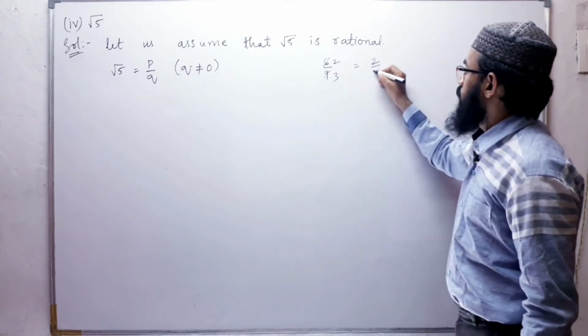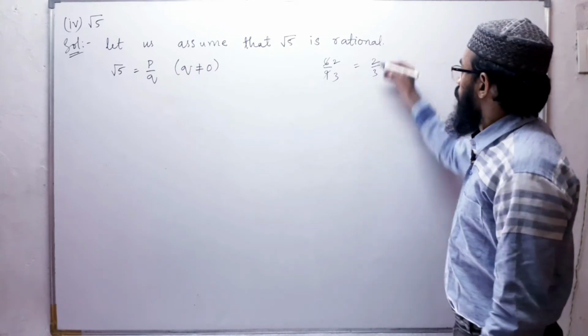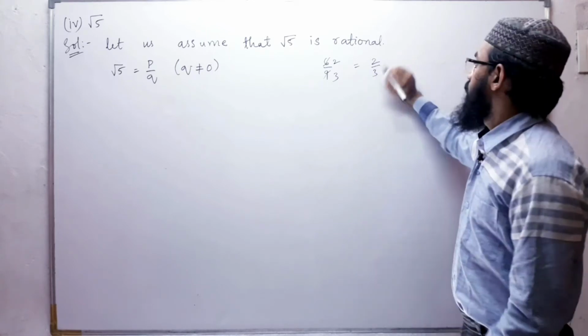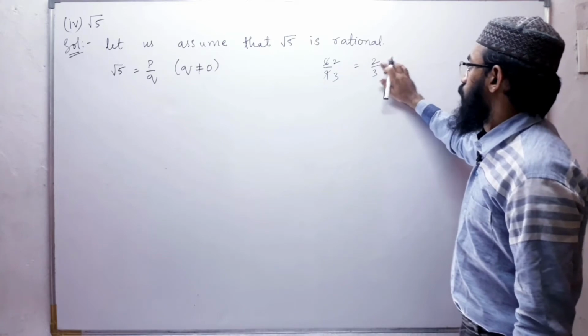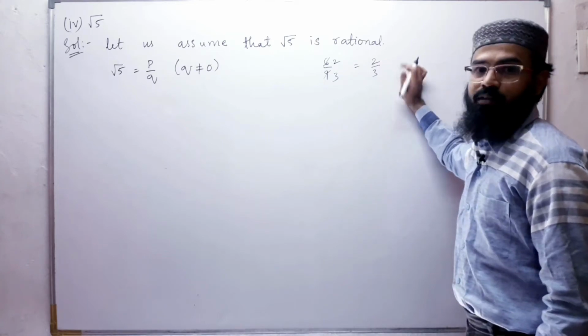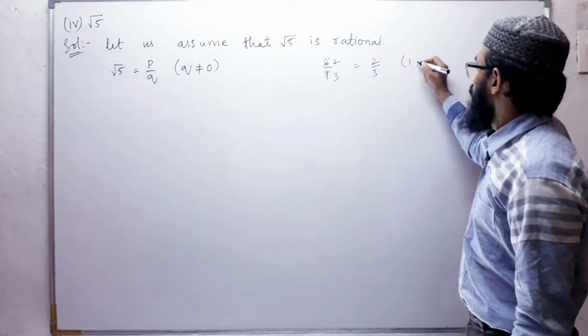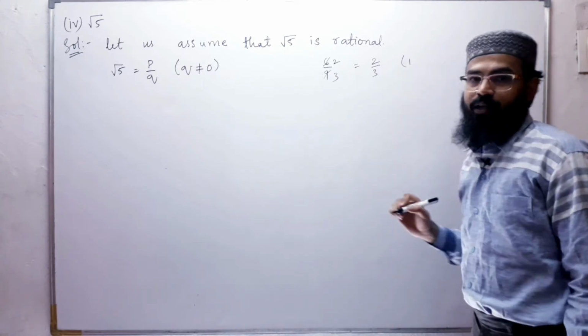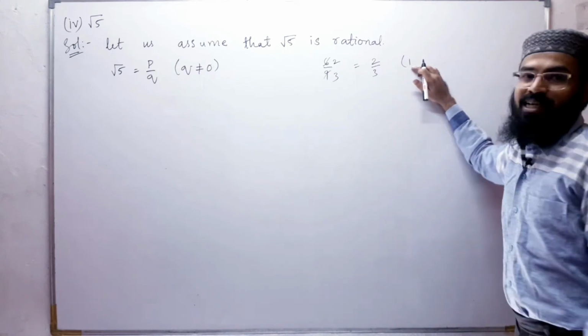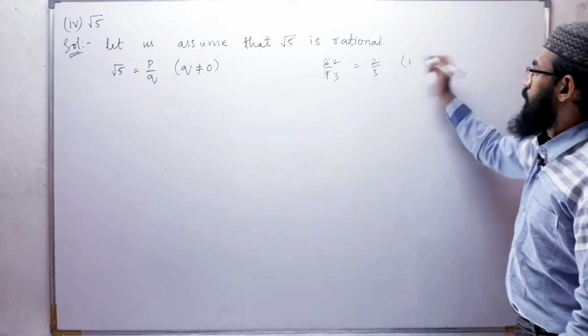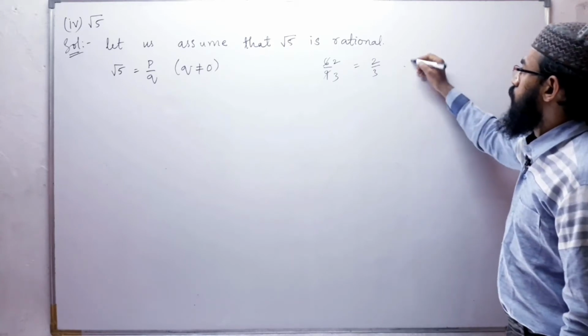So now it is 2 by 3. Both have 1 as a common factor, because 2 ones are 2, 3 ones are 3. When two numbers have 1 as their only common factor, those numbers are called coprimes.